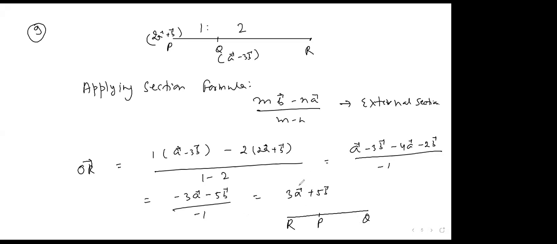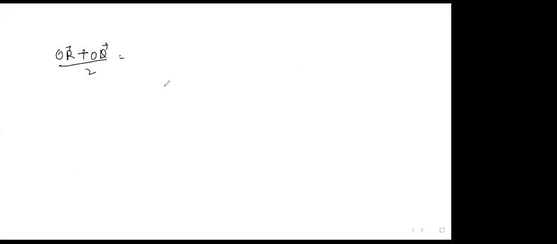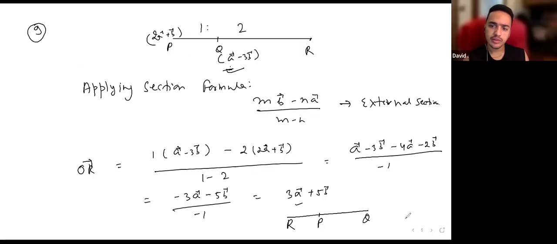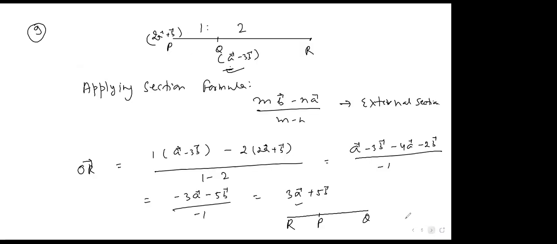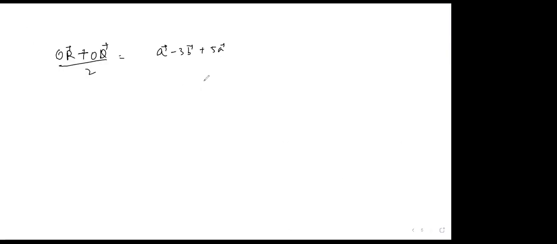OQ vector is a minus 3b and OR vector is 3a plus 5b. So a minus 3b plus 3a plus 5b, divided by 2, becomes 4a vector plus 2b vector divided by 2.